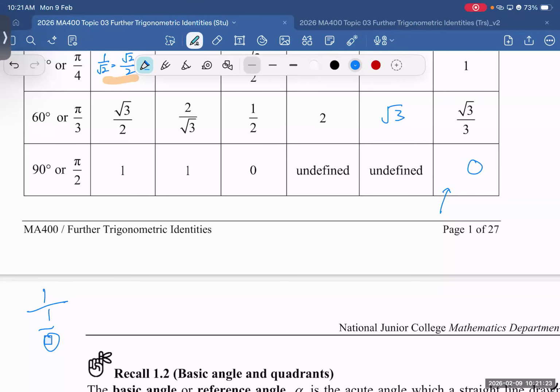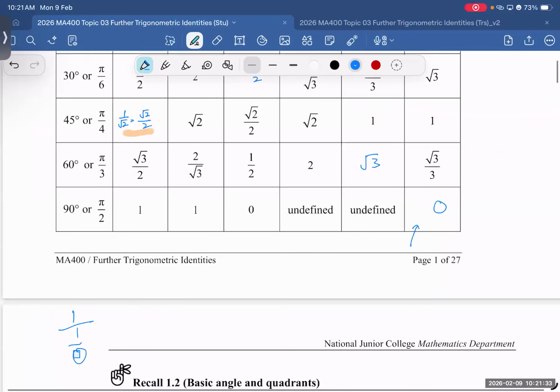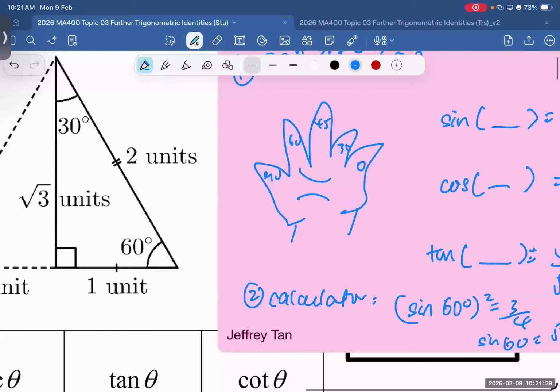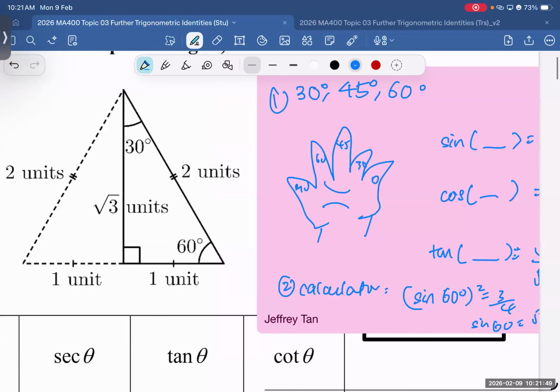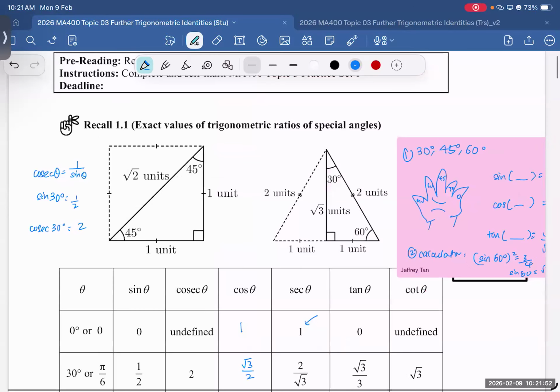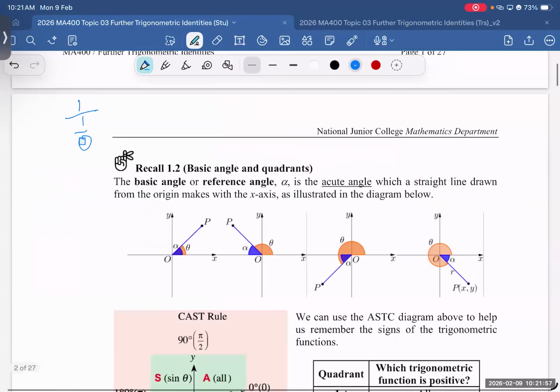When tangent 90 is undefined, so tangent 90 is... Meaning, yeah, because the calculator cannot, there are some limitations. If I were your calculator, I would scold you back. I would say, the pot calling the kettle black.